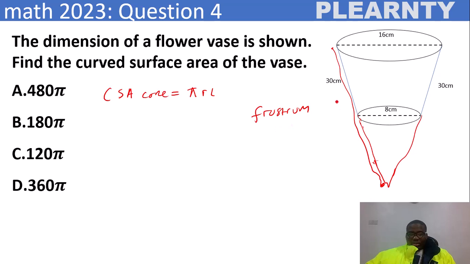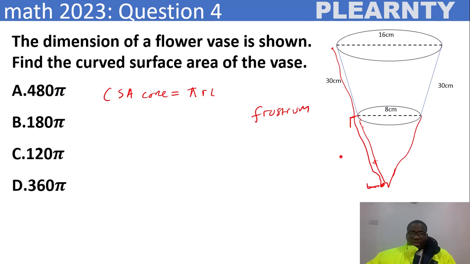But because you have a frustum of a cone, it has its own formula. Ordinarily, this frustum is just like you have a bigger cone and you remove a small cone from that big cone.